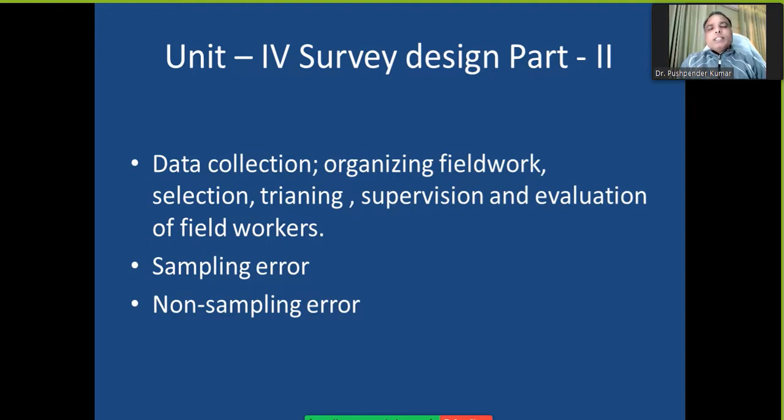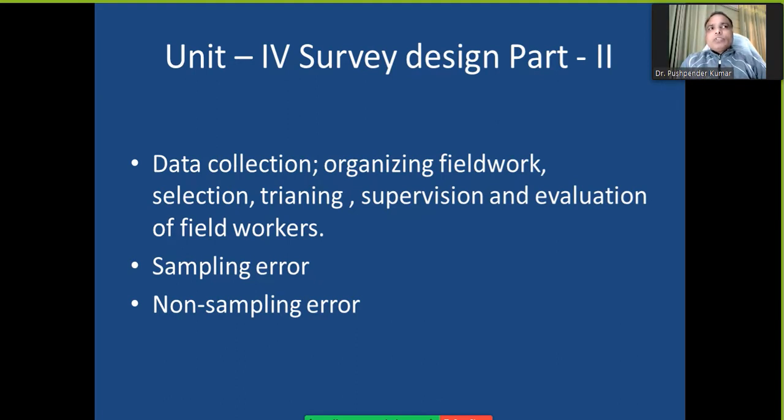And plus, as a supervisor, you need to supervise all these activities, keep an eye and some check on these field workers, and from time to time evaluate their performance. Yes, we judge them on how many questionnaires they were able to get filled, but besides that, how did they get them filled?